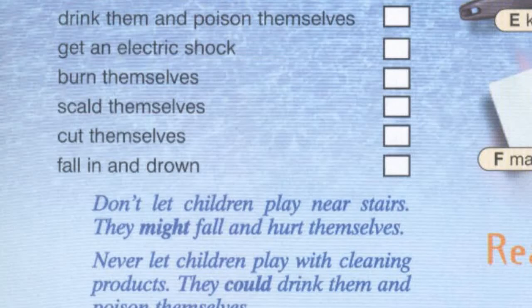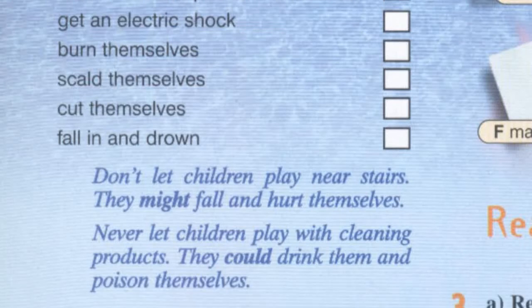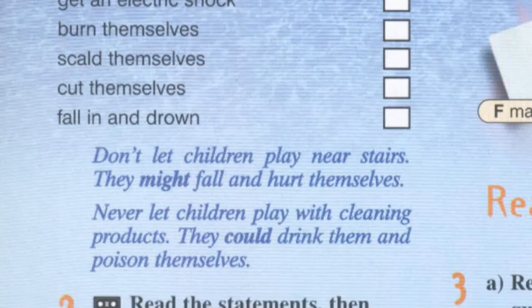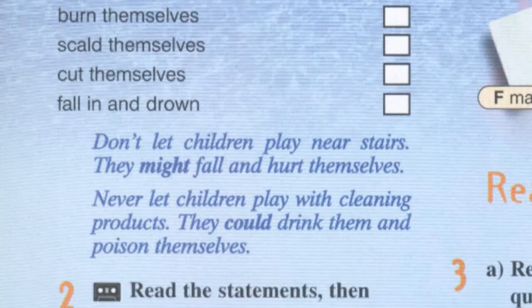They could scald themselves. And never let children play with knives. They might cut themselves. Don't let children play near the swimming pool. They might fall in and drown.